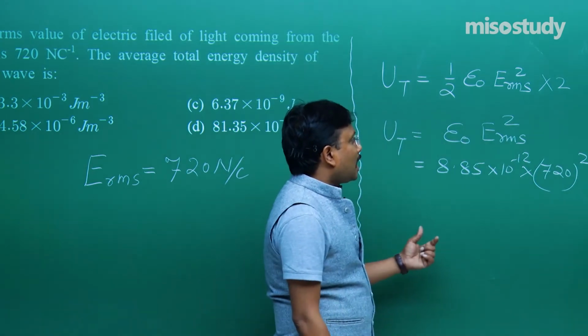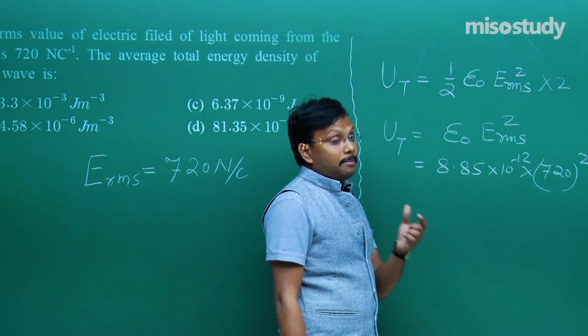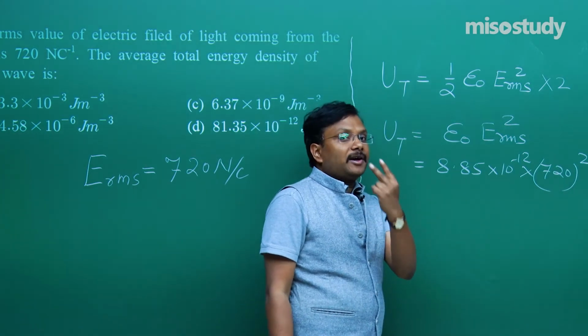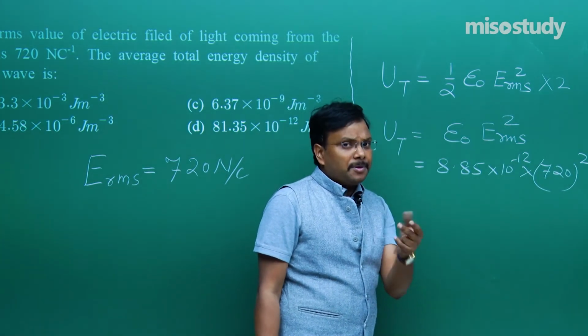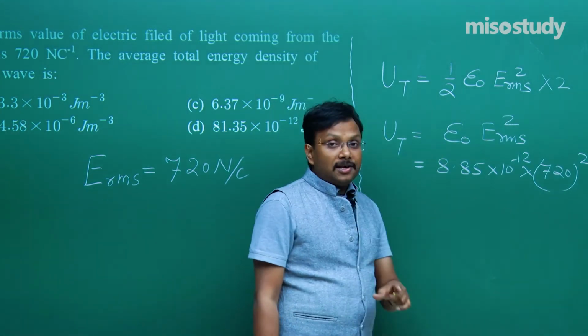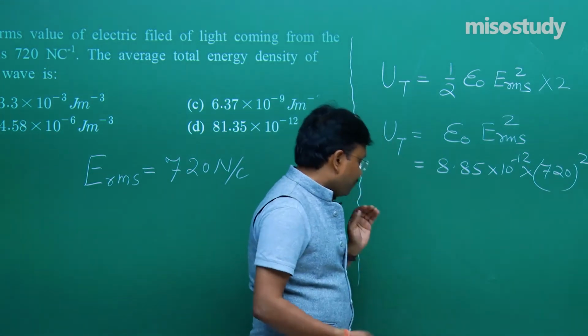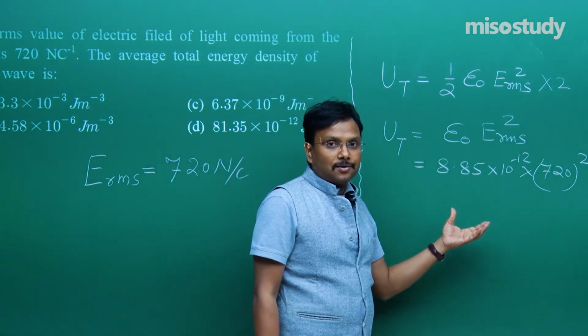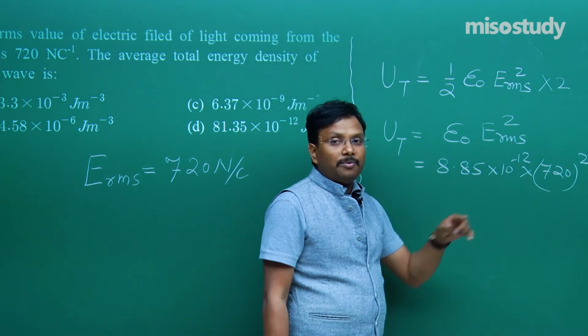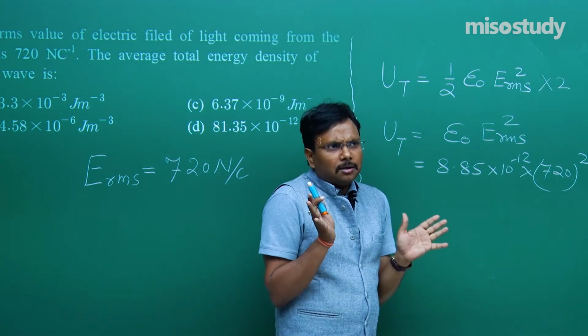Why, in the starting of this video, did I mention that in this particular chapter only two aspects are important? One is concepts, just 2 or 3, and some formulae. Also important is calculation, because if you don't have the practice, you will start multiplying 720 with 720, which will take at least 40 to 50 seconds.